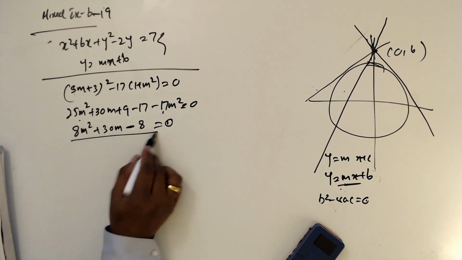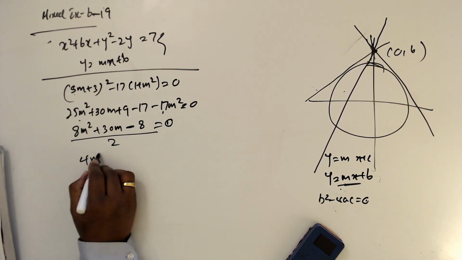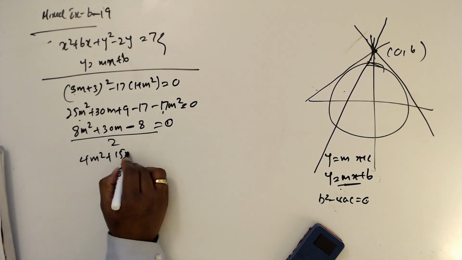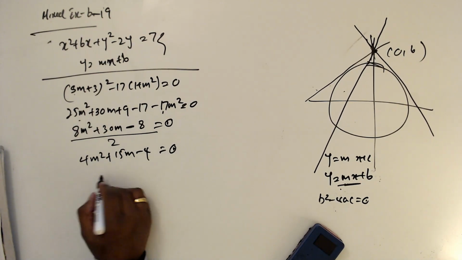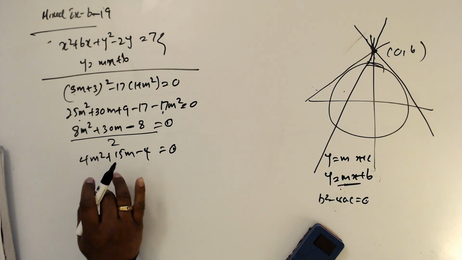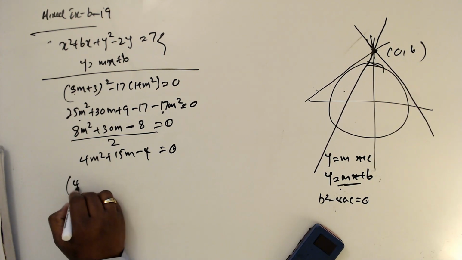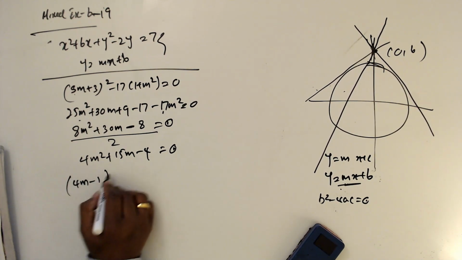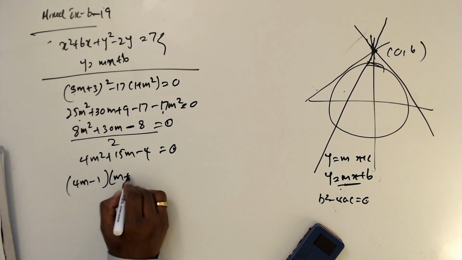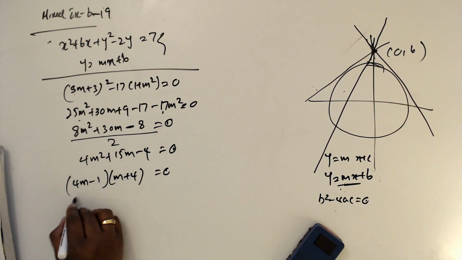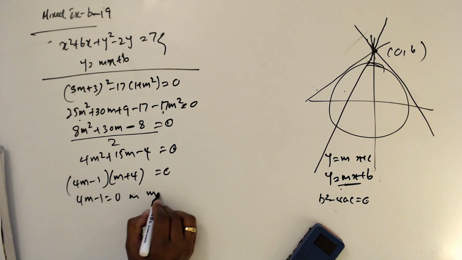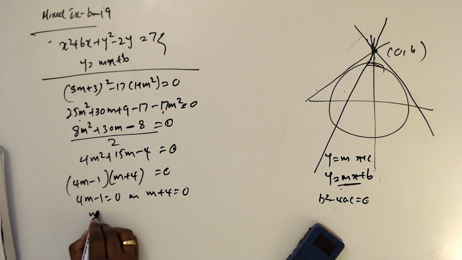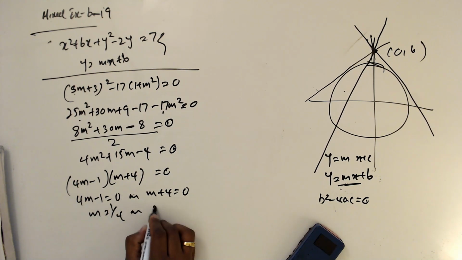I can divide by 2. 4m square plus 15m minus 4 equals 0. I can bracket this out. 4m minus 1 and m plus 4 equals 0. 4m minus 1 equals 0 or m plus 4 equals 0. M equals 1 over 4 or m equals minus 4.